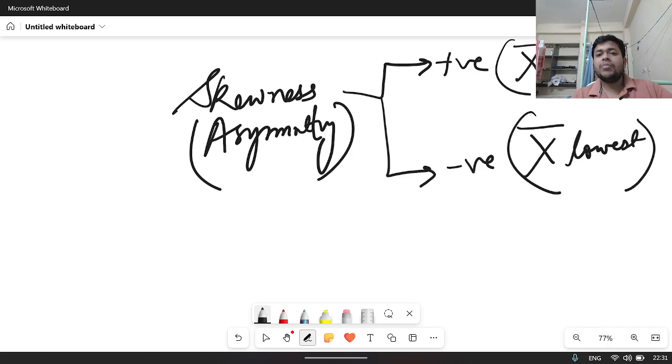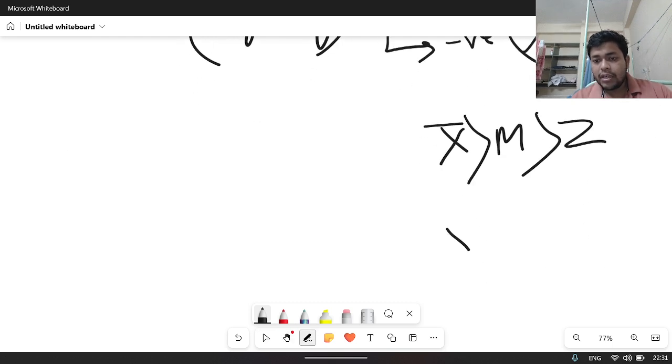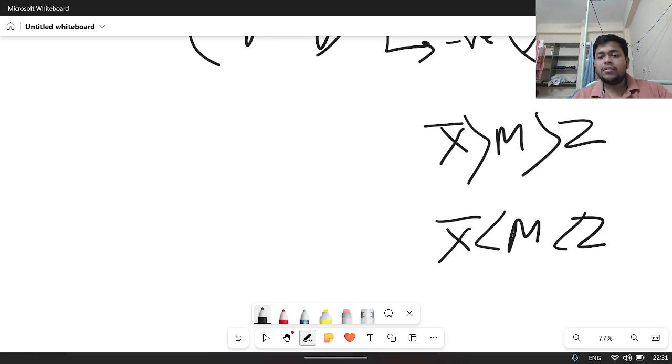Just remember mean, because we always tend to say mean, median, mode. So in this case mean is highest: write mean, median, mode, and give this sign. In this case also, write mean, median, mode, and give this sign. Done. That's the way you remember. Okay, we are done with skewness.